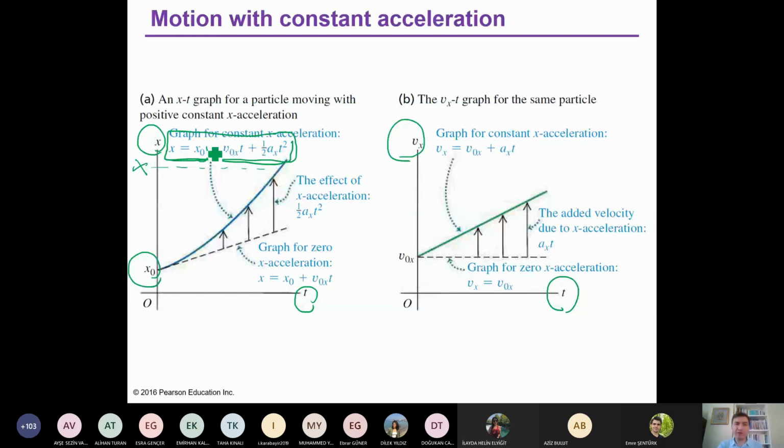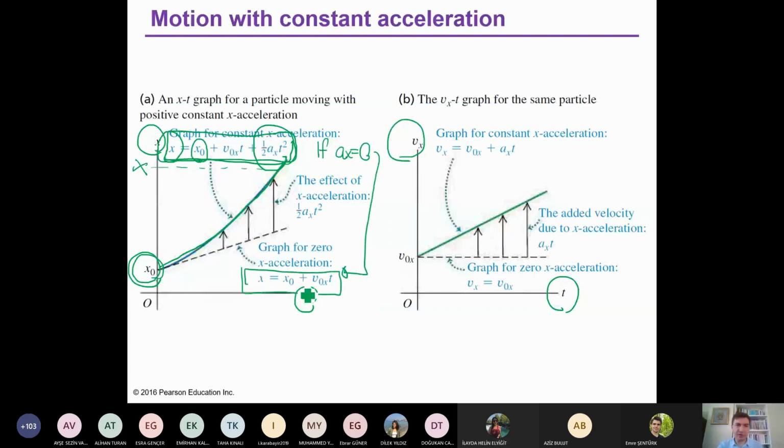But if ax is 0, so let's consider that there is no acceleration. ax is 0. Then the third term within this x will be 0, and then we will have this one, x0 plus v0x times t.